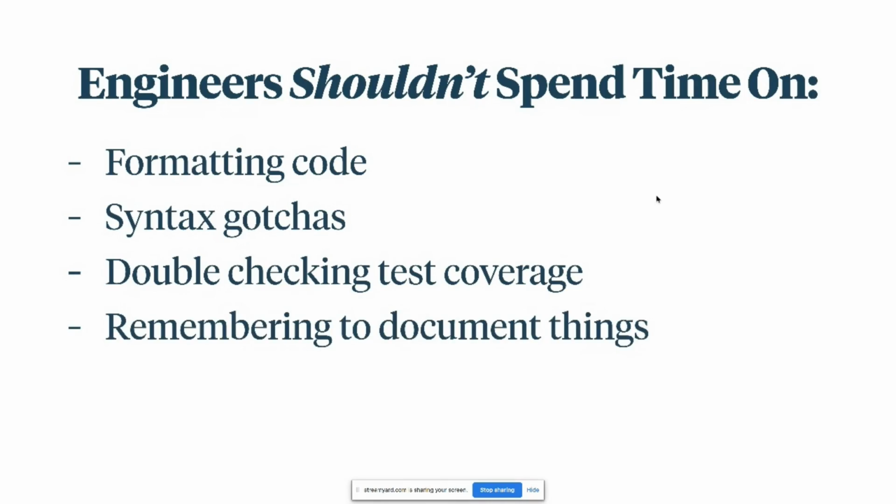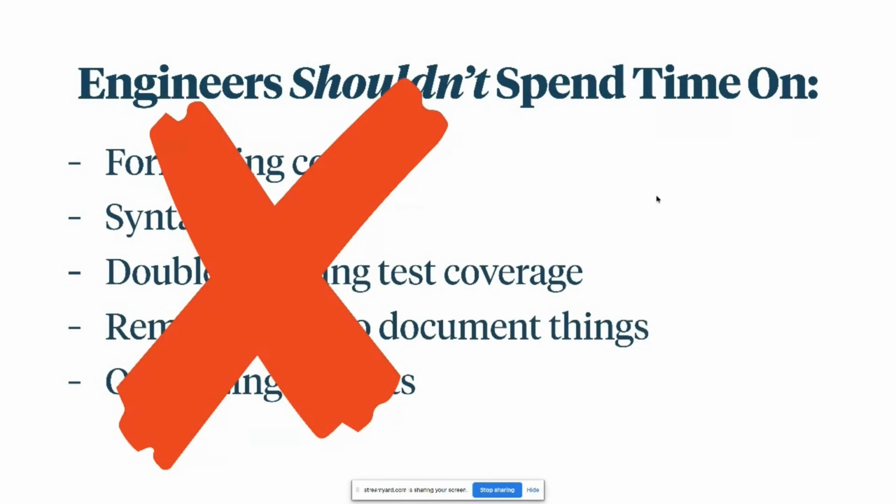Remembering to document things, organizing imports. These are all big red X, bad things, things we don't want to be spending too much time on. Not to say they're not important. I think all of those things are definitely important, but the goal is to not be talking about these things every single day, and not to spend time in a PR when you're reviewing someone's code, commenting on these things.